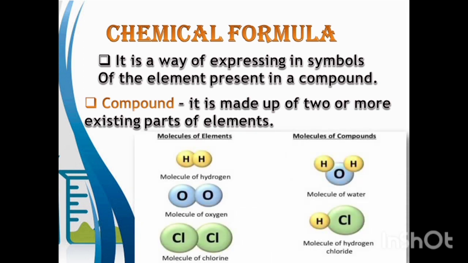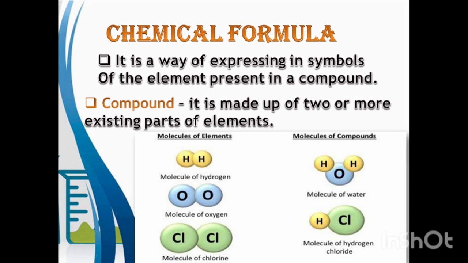So for examples, we have the molecules of elements and molecules of compounds. As you can see in the difference, molecules of elements are composed of the same element, so we have hydrogen, oxygen, and chlorine. While molecules of compounds are composed of two or more different elements.